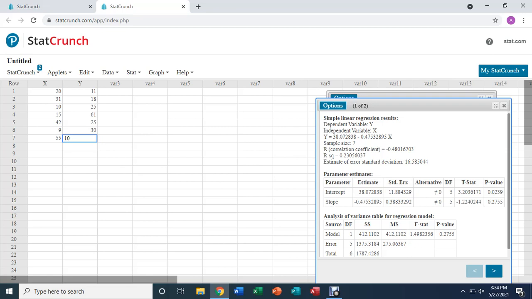Even though r is pretty much negative 0.5, in the middle, the p-value showed there is no correlation between x and y, and I cannot use this equation to predict y for a given value of x.